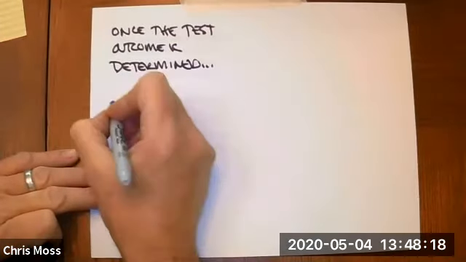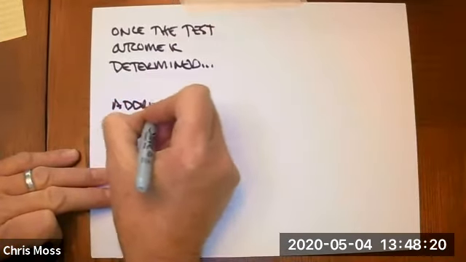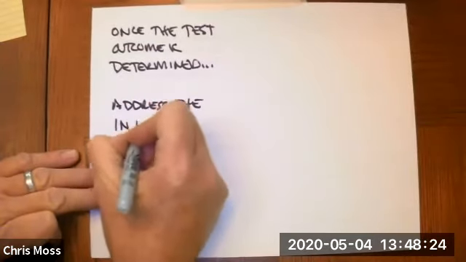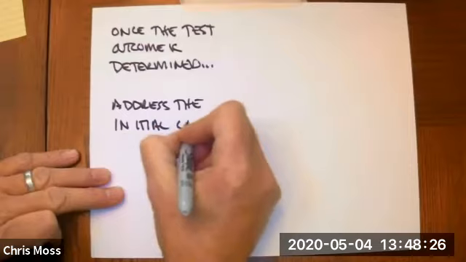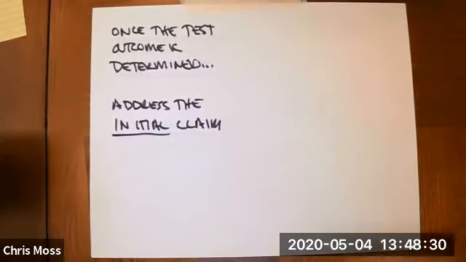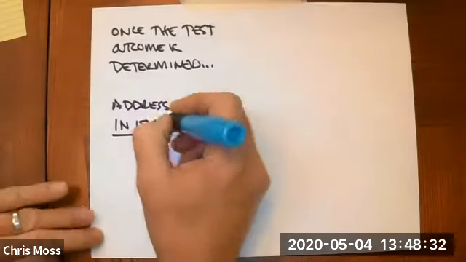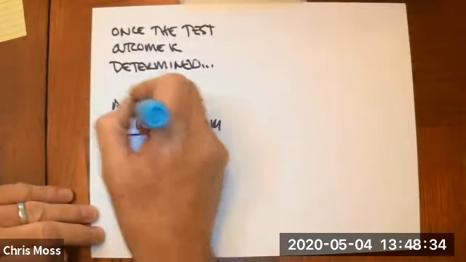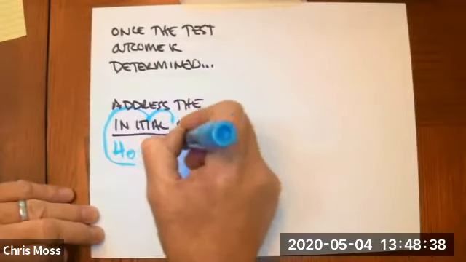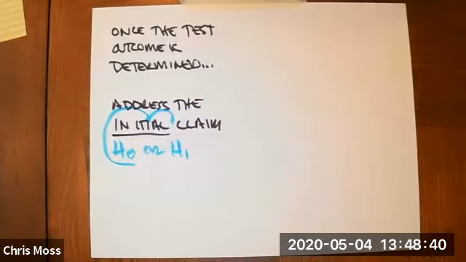We need to address the initial claim. And this initial claim here is the claim. Sometimes it's the null hypothesis, sometimes it's the alternative hypothesis. It's the claim that we encounter when we first read the problem. It's what's written into the problem. We'll see an example in a moment or two.